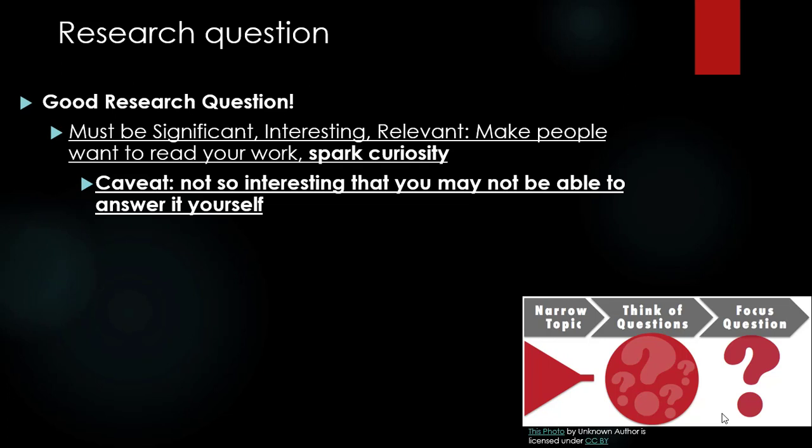It must be interesting, because when it's interesting, it keeps you going, and it keeps your potential reader interested to want to read your work. So it must spark curiosity. Once you can tie these three together, significant, interesting, and relevant, then it will excite people to read your work.